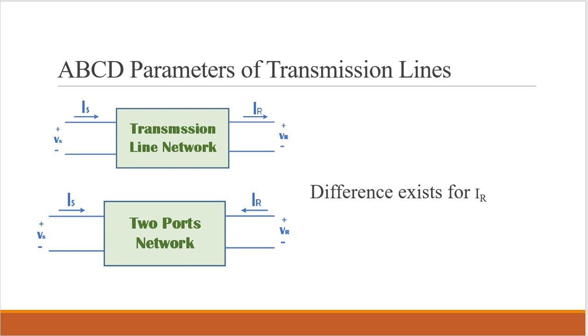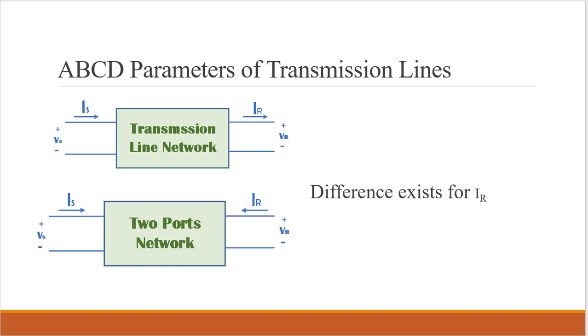However, if we take the model of a two-port network used in electric circuit analysis or network theory, we will see that the direction of the receiving current, IR, is opposite to what we have assumed in the transmission line network, right?